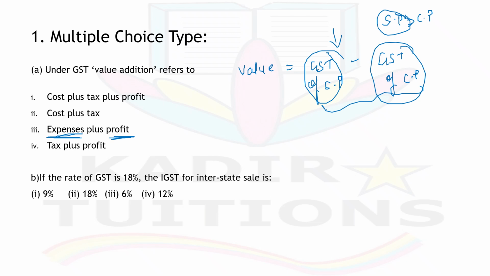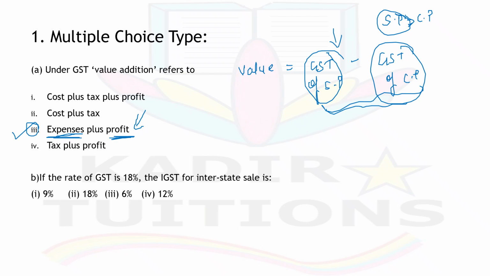So that difference only we need to pay to the government. It's nothing but value addition. Why is this difference coming? Because I am incurring more expenses, using money for shifting the product, and also I require some profit for doing the business. So the third option is correct for question A.